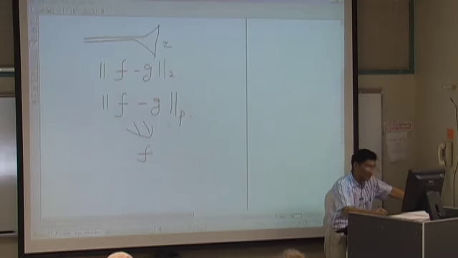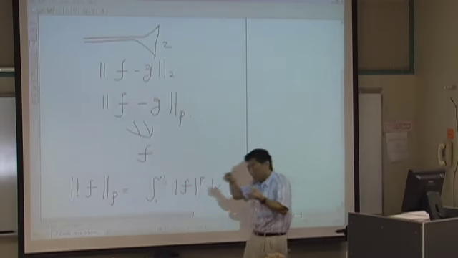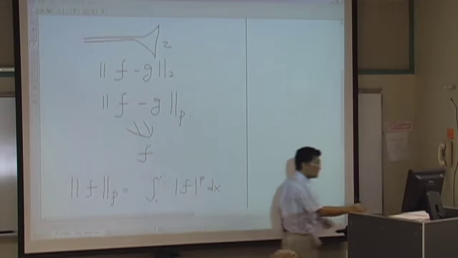So the norm will be defined this way. The p norm is nothing but integrating the absolute value of the function to the power of p, from one endpoint to the next endpoint, and then taking the pth root.